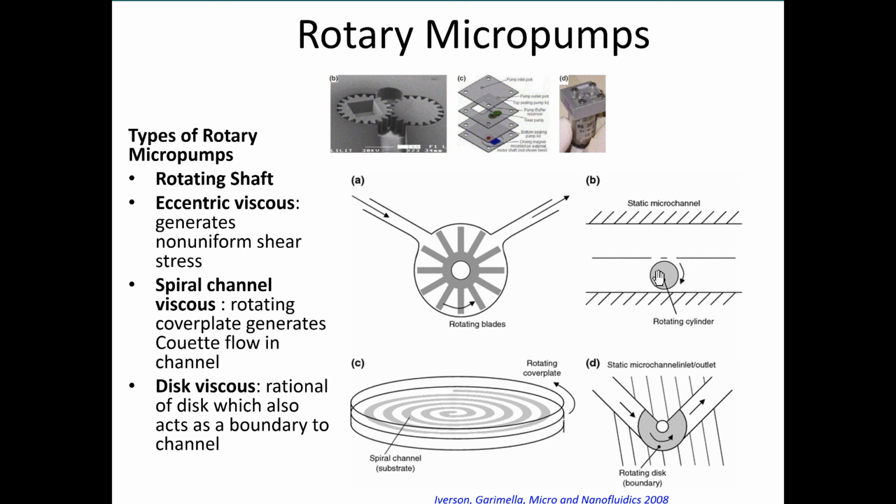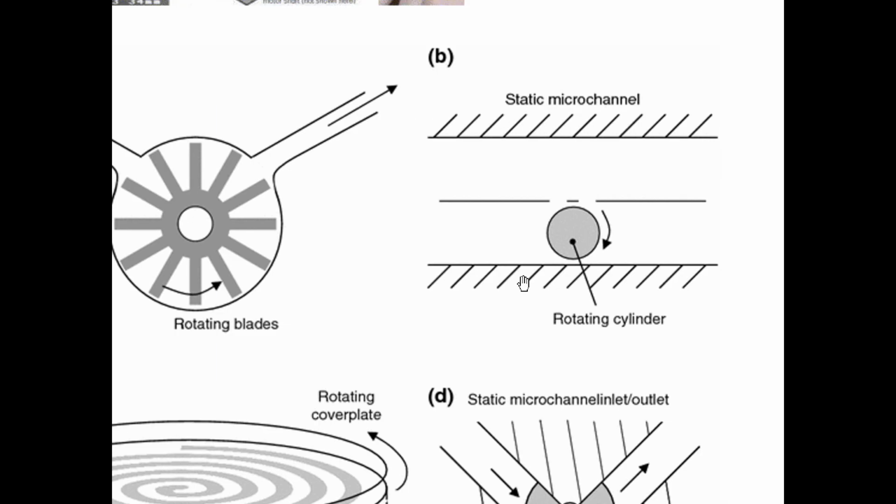Okay, this is a rotating motion. I'll mention it again. The shaft is rotating in a circular motion, and if this was sitting in just an open space, it would just rotate the fluid. But now we have it inside a microchannel, and it's close to the wall. So this is going to create a rotary motion of the fluid. However, it's going to become non-uniform because on this side there's a lot of hydraulic resistance, because this channel that's formed here is so small.